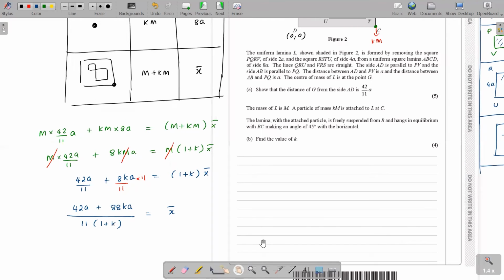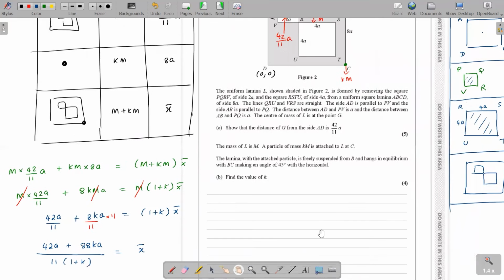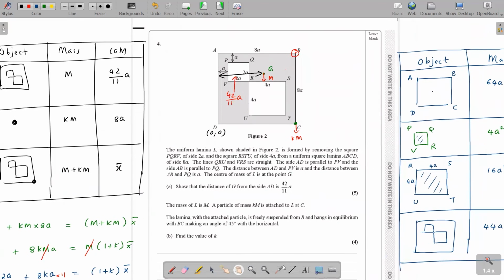Now look at what they're saying here. The lamina with the attached particle is freely suspended from B. When you attach these two together, you get a new center of mass, right? So let's say this is G dash, the new center of mass. They say when the particle hangs in equilibrium with B, the BC makes an angle of 45 with the horizontal.